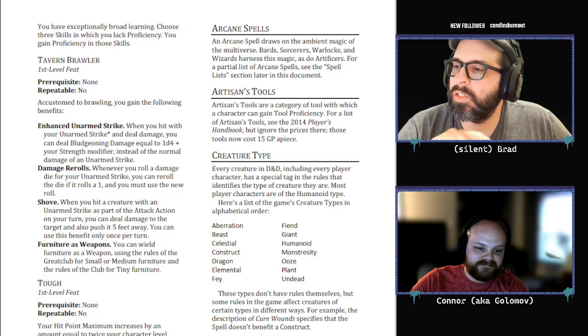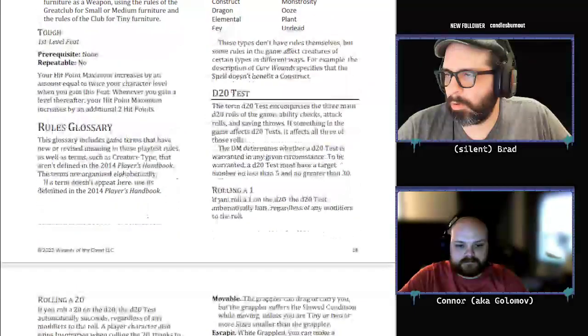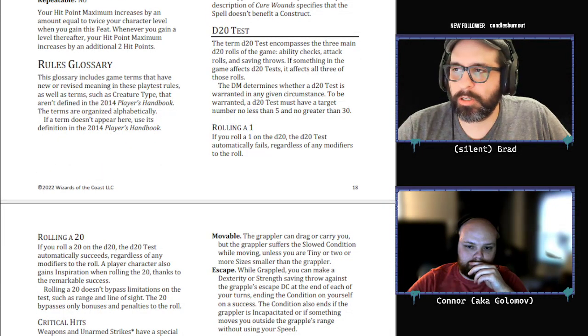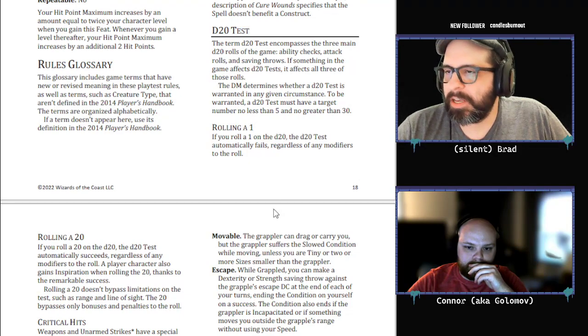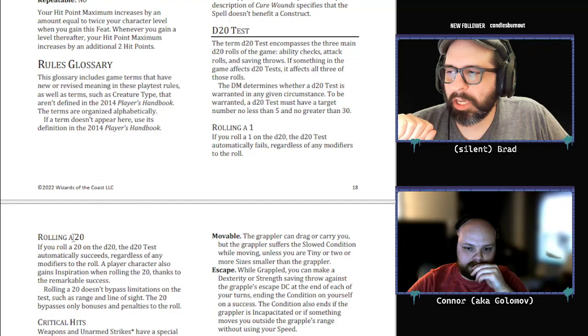So going into the rules glossary, these first few don't really have a problem, but here with the D20 test, which should say D20 roll, they're rolling a 1 and rolling a 20.